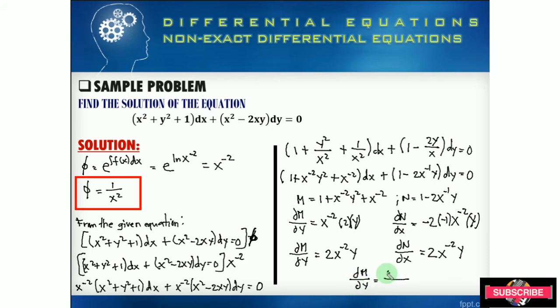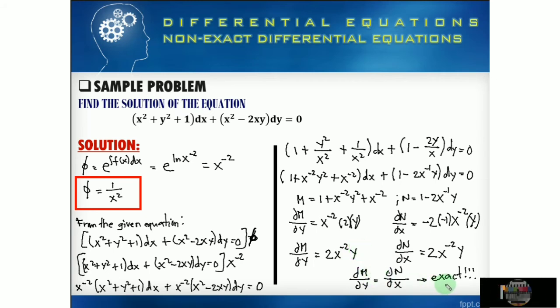So take note that our partial derivative of m with respect to y is just equal now to the partial derivative of n with respect to x. So this is already exact. So we can proceed now with our calculation. Since using this integrating factor, we made the non-exact equation into an exact differential equation.